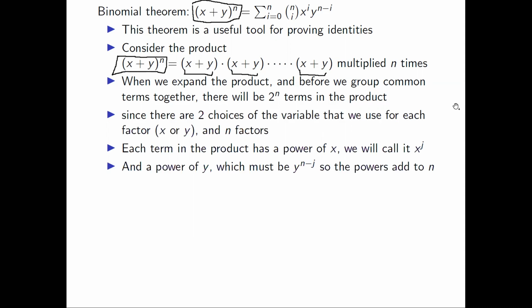Now, if the term has x to the j in it, since we have a total of n factors, it means that the power of y in the term must be y to the n minus j. So the powers of the x and y in each term have to add up to n.